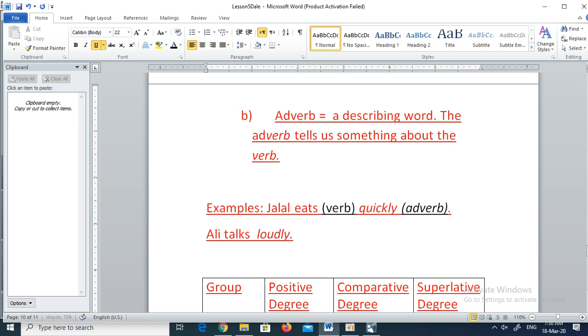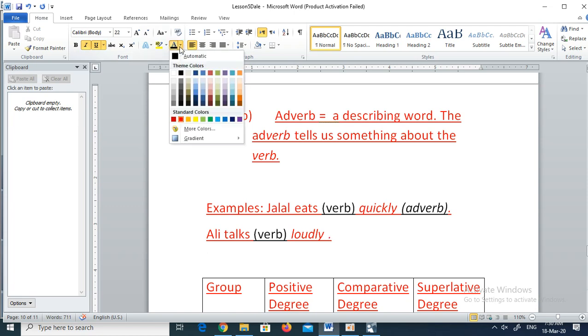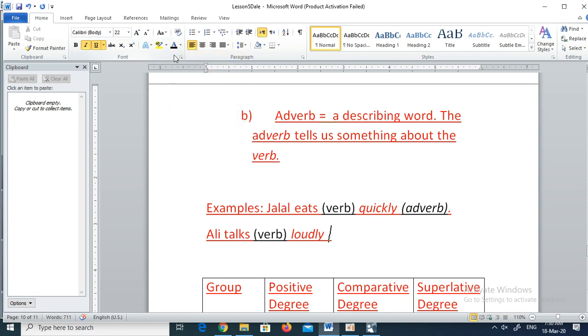If I say Ali talks, talks is the thing Ali is doing. It is the action word. It is the verb. If I then add another word, loudly, loudly tells me how Ali is talking. It is telling me about that verb talks, and so it is the adverb.